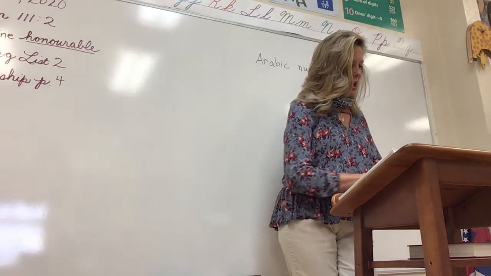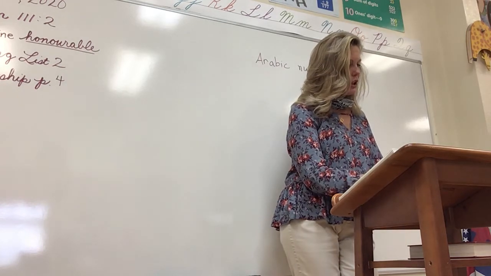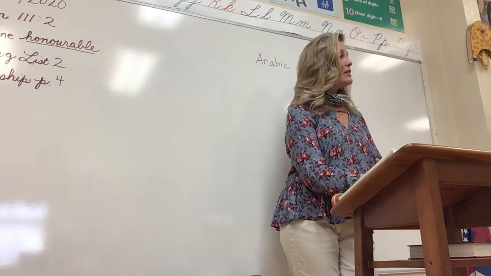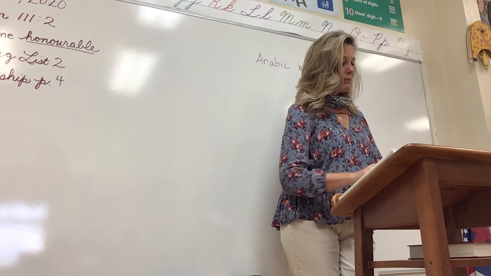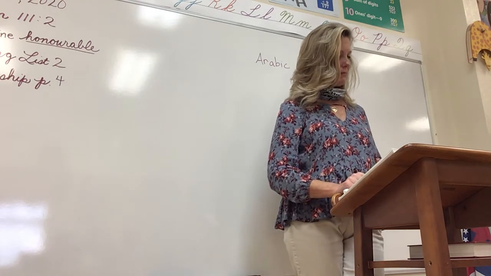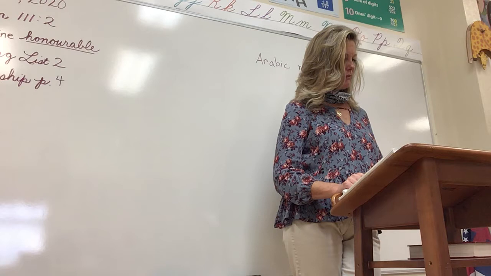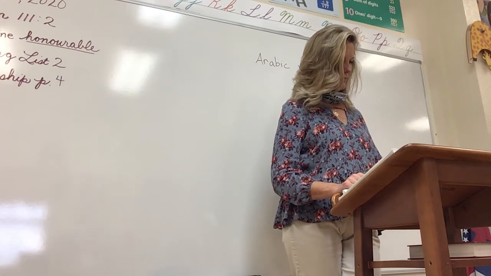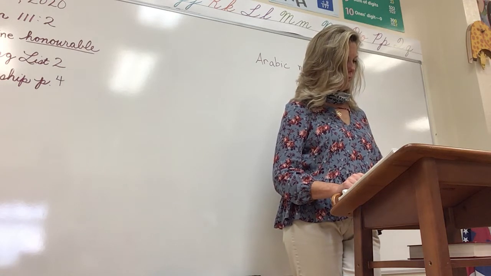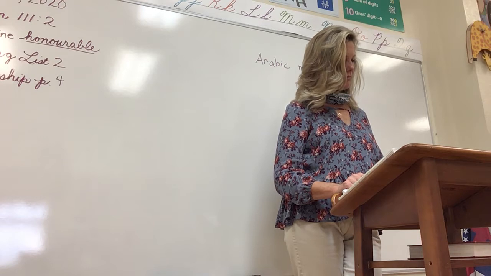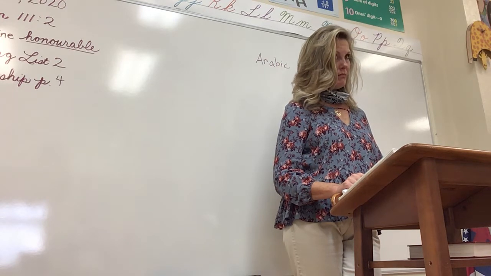Okay, thank you. All right, so look at D. Sophia, read that one, please. A zero placed in front of the whole number does not have any purpose, but in any other position, the zero is very important and must be included.